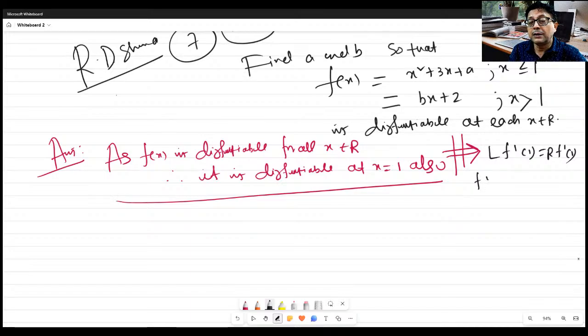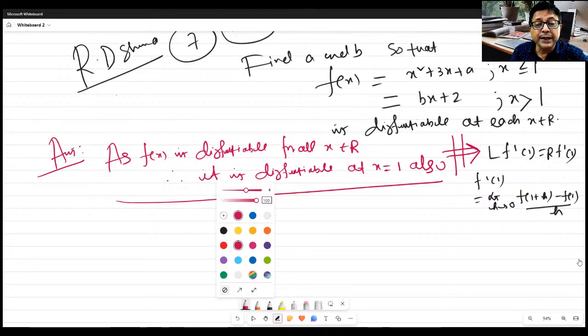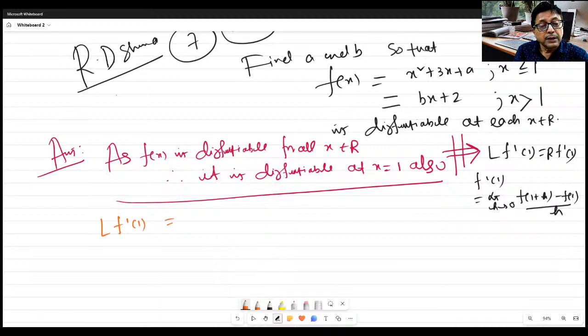What is f'(1)? We have to write the limit of (f(1+h) - f(1))/h. So now we'll be comparing these two things. So Lf'(1) equal to Rf'(1).